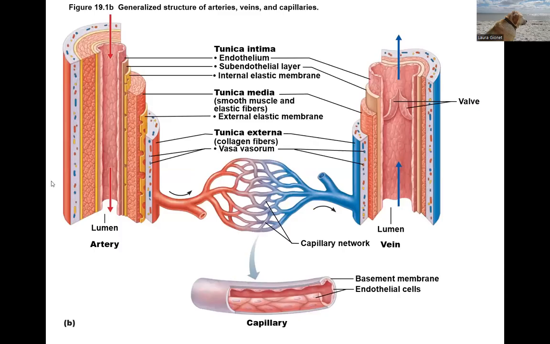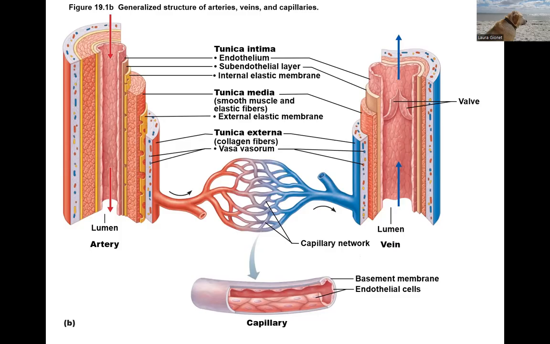All right, so here we see pictures of an artery on the right and a vein on the left. By just looking at these pictures, you can compare and contrast to a certain extent an artery versus a vein, which comes up later. So over to the right, arteries have a thicker tunica media. If you see here where this smooth muscle layer is, it's going to be thicker in an artery than it is in a vein.